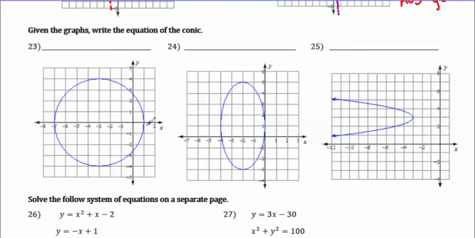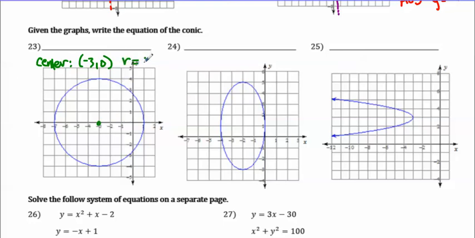Let's write the equation of the conic. You can average the endpoints to find the location of the center, or you can just eyeball it and check your answer. I can see that I'm 4 away from each end, so I found it. So the center is going to be negative 3, 0. And then the radius is 1, 2, 3, 4.